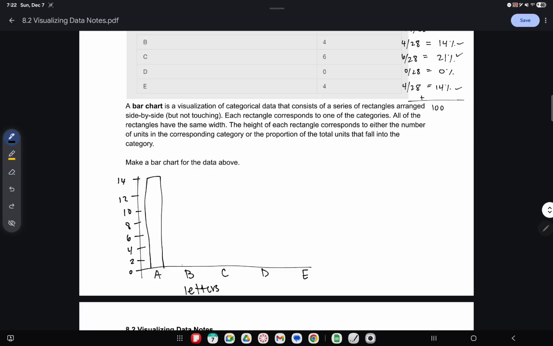B had 4. C had 6. D had 0. And E had 4. So you can just look at this and see that A definitely had the most, and C had more than B and E.